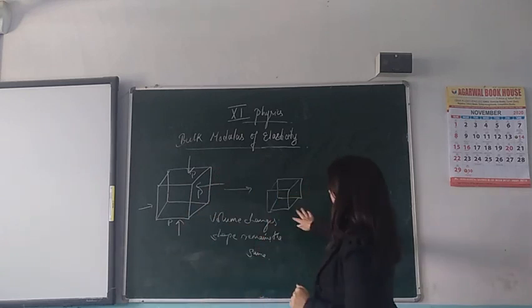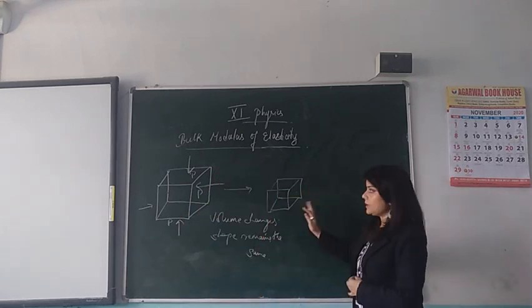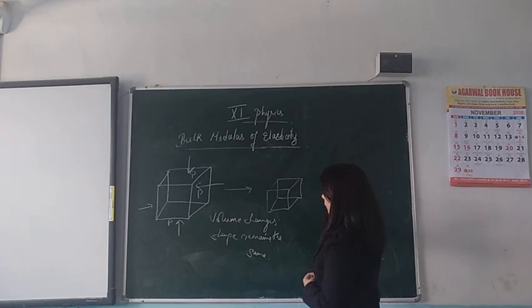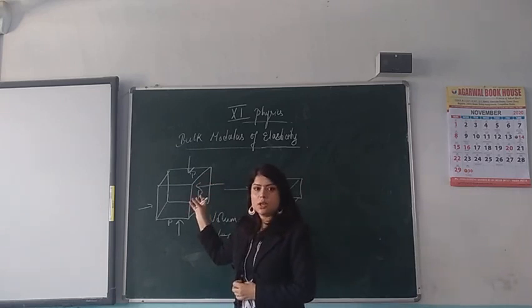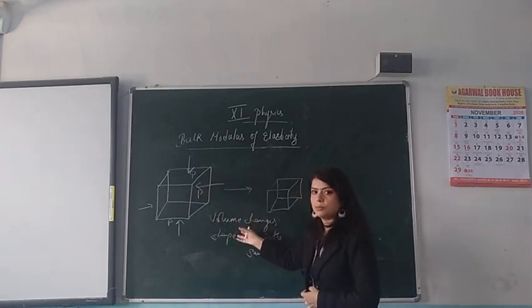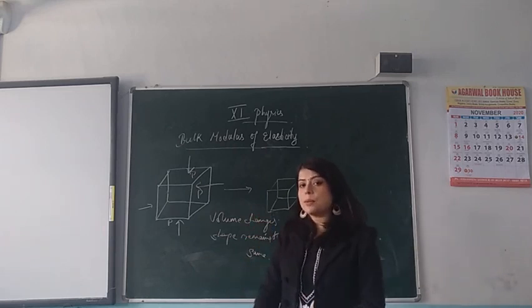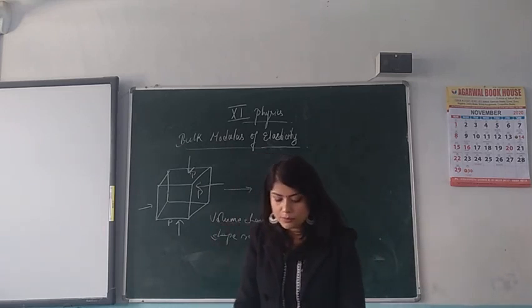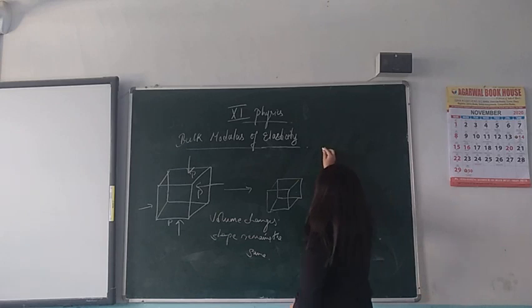So, over here, what type of strain and stress is applied? There is no change in shape, there is a change in volume. So, it is a type of volume strain.